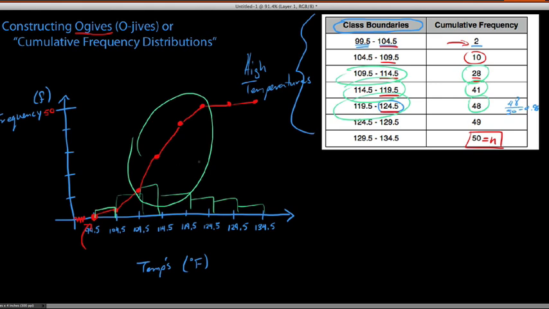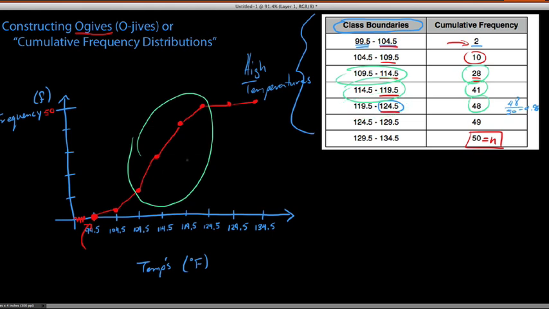So approximately normally distributed things, that is distributions in which frequencies occur most often here in the middle, and then kind of tail off on the ends, we say are approximately normally distributed or bell-shaped. So an ogive that has a frequency distribution that is approximately normally distributed tends to increase drastically here in the middle.